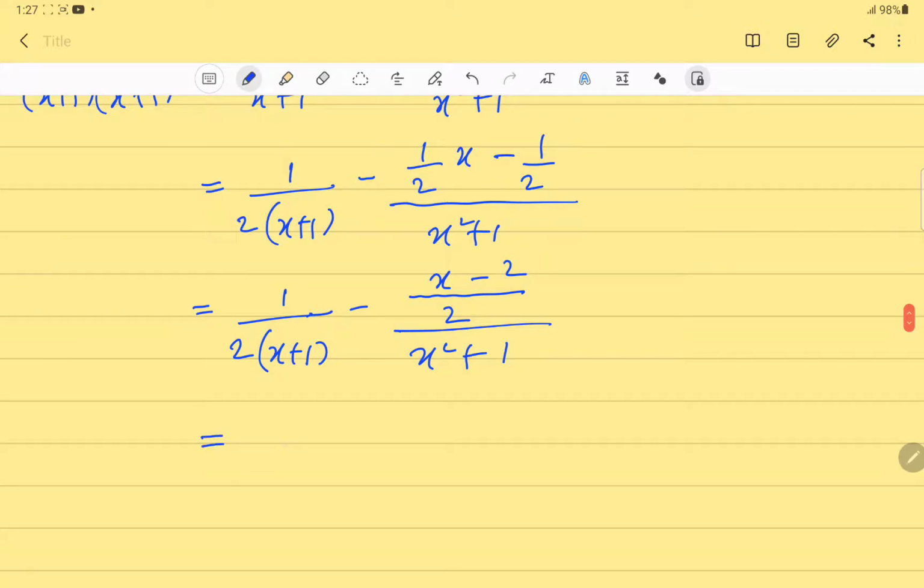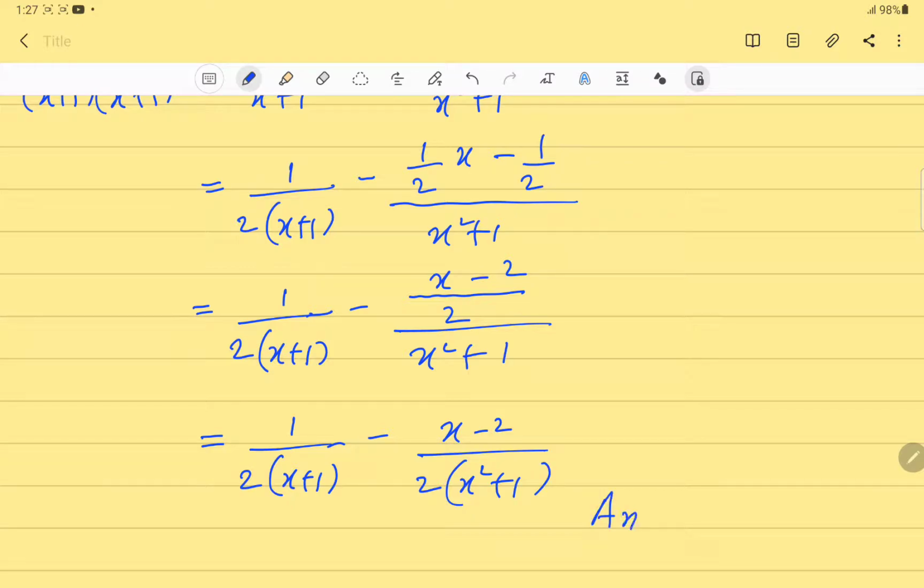So the final answer is 1 over 2 into x plus 1 minus x minus 2 over 2 into x squared plus 1. And this is the answer of this question.